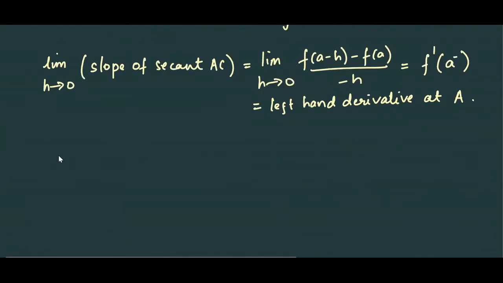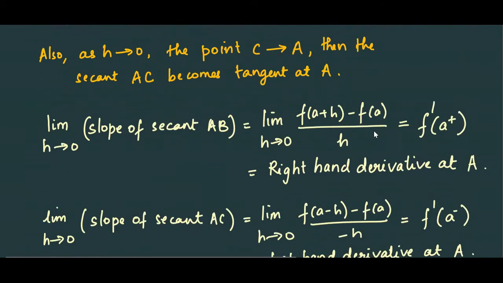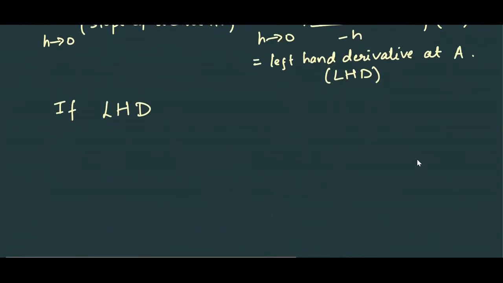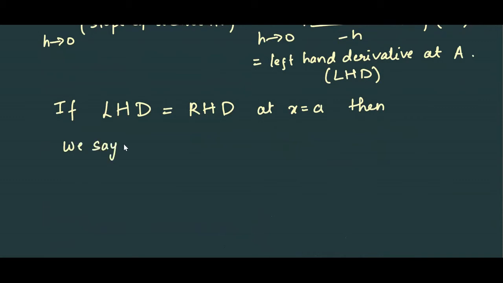Now, if this left hand derivative and the right hand derivative are equal, that means both these limits are equal at x equal to A, then we say that f is differentiable.